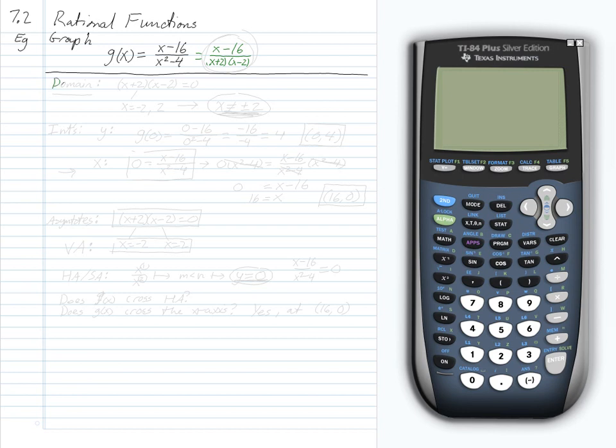To determine the domain, you always want to pick out the domain before you cancel anything, which is why cancellation, reducing the fraction, is the second step. Domain always comes first. So if I set the denominator equal to 0, when is x plus 2 times x minus 2 equal to 0?